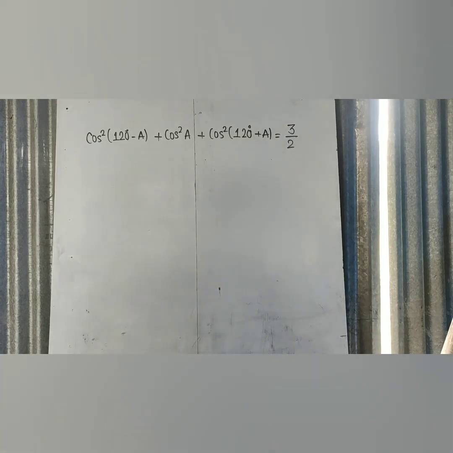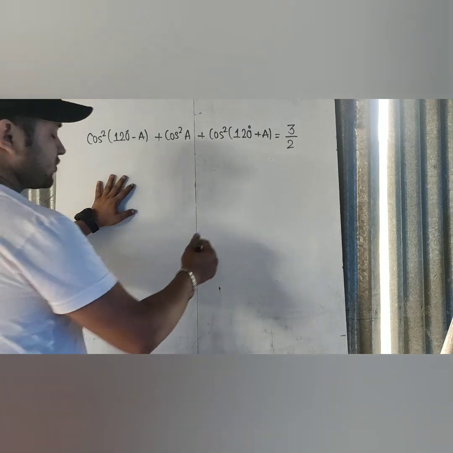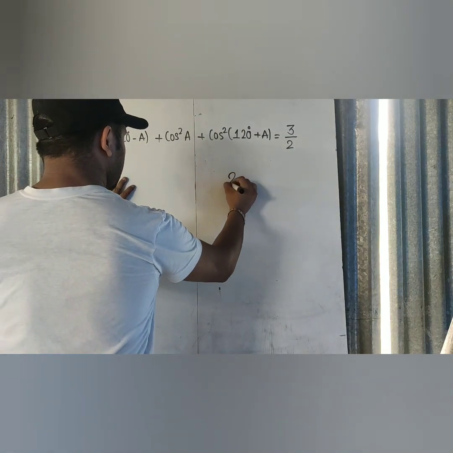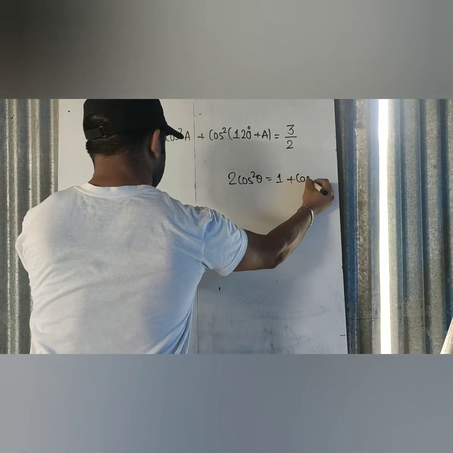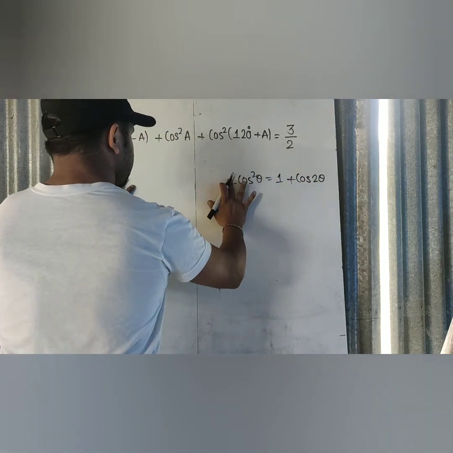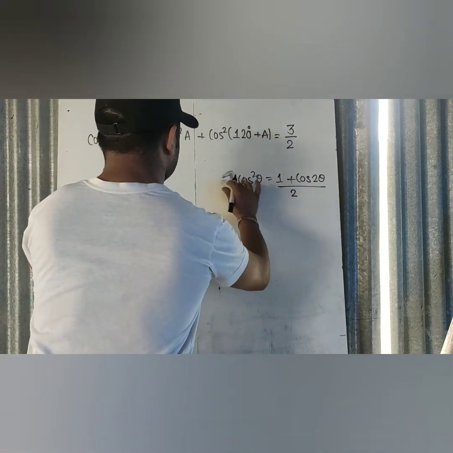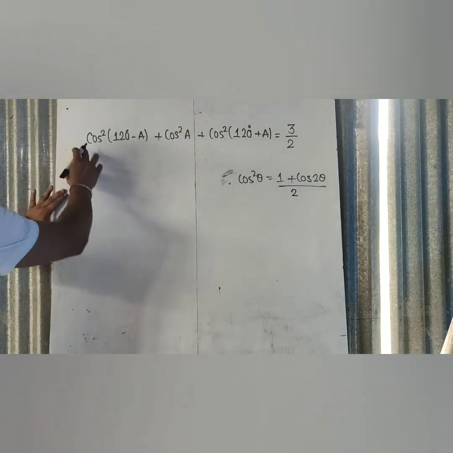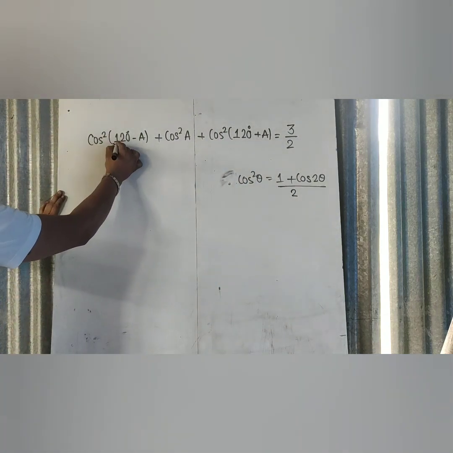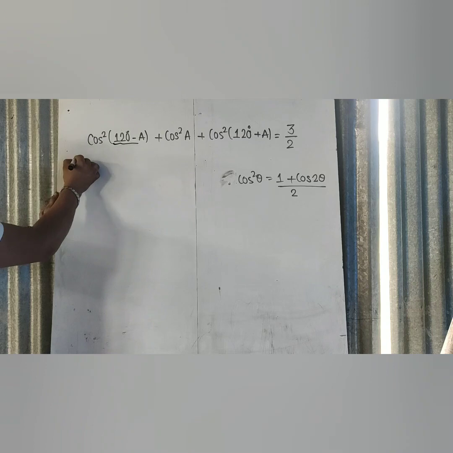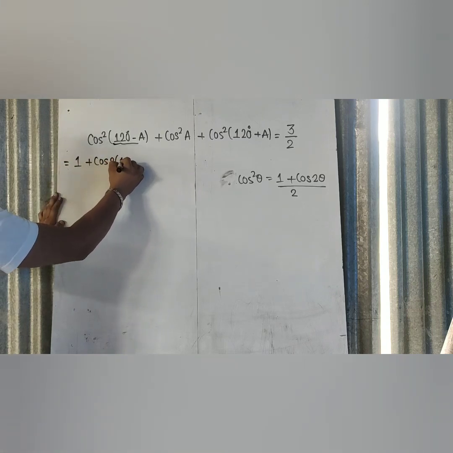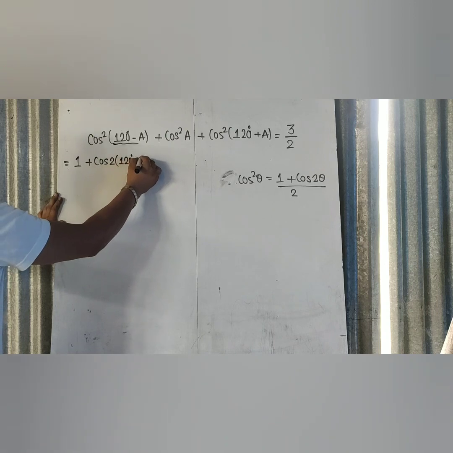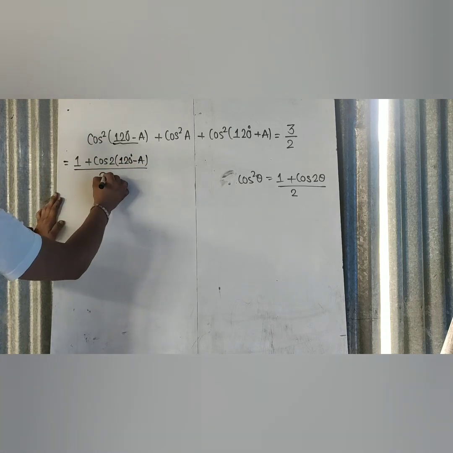Okay, we can start this problem from LHS. So we all know that 2 cos square theta is 1 plus cos 2 theta. So cos square theta becomes 1 plus cos 2 theta by 2. So we do the same thing. Cos square theta, this is assumed to be theta. So according to formula it will be 1 plus cos 2 theta by 2.